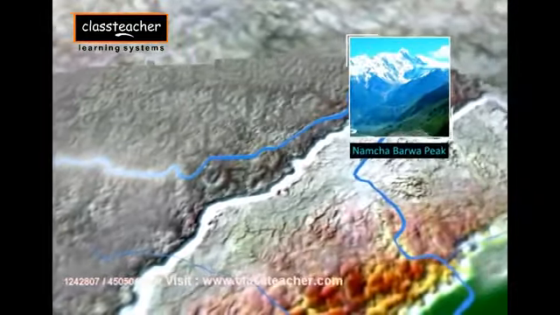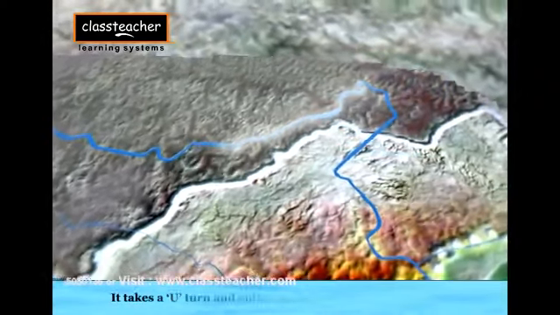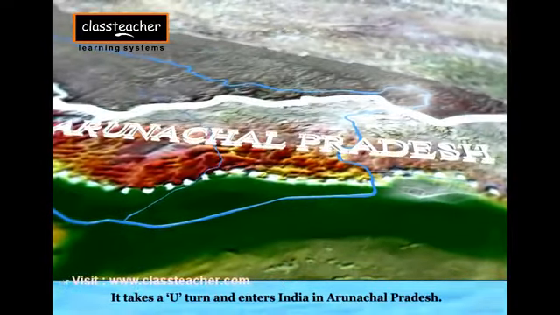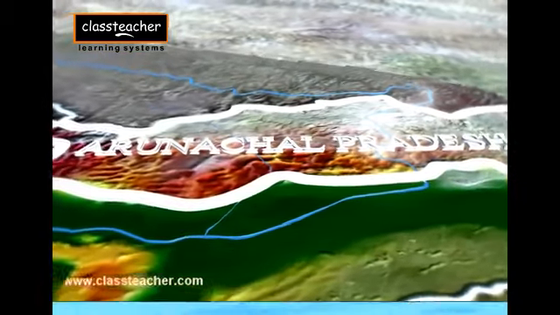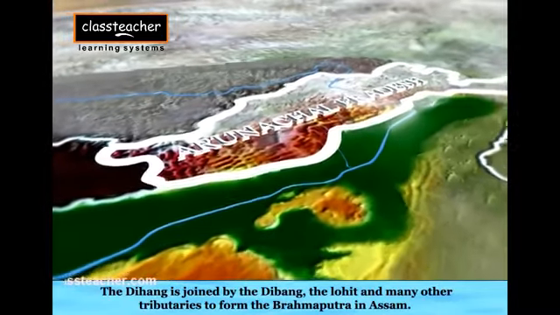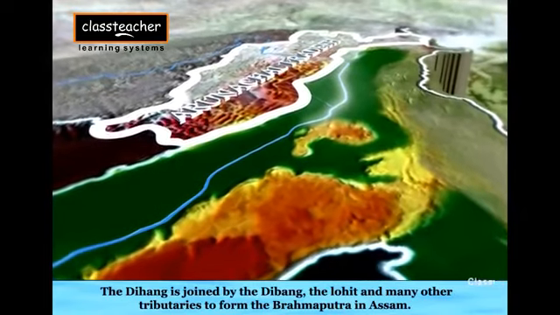The Namcha Barwa peak obstructs the flow of the river and forces it to take a U-turn. Thereby the river enters India in Arunachal Pradesh through a deep gorge. In this region, the river is popularly called Dihang and is joined by the rivers Dibang, Lohit and many other tributaries to form the Brahmaputra in Assam.